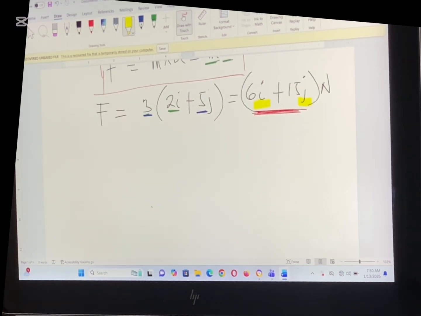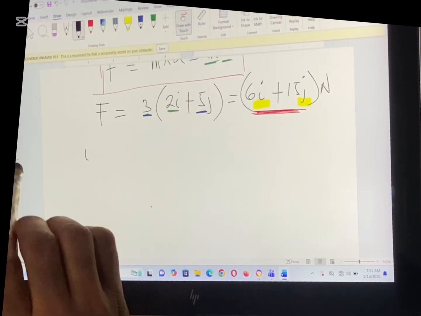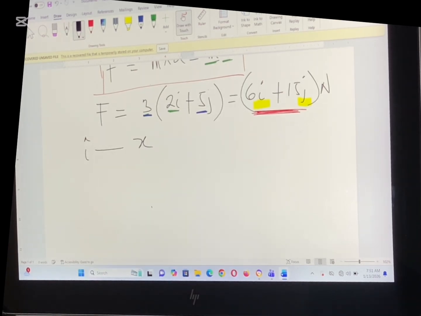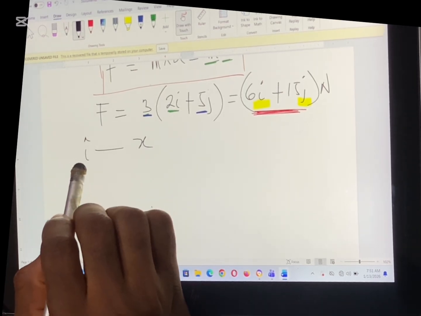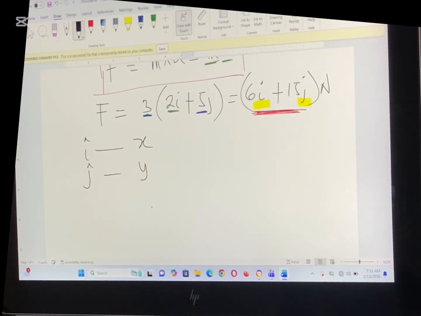Now let's try to represent the formula for magnitude of vectors in three dimensions, okay? But before then, this i you are seeing here as a vector can also be written as x as a letter, okay? Now this j you are seeing here as a vector can also be written as y as a letter.